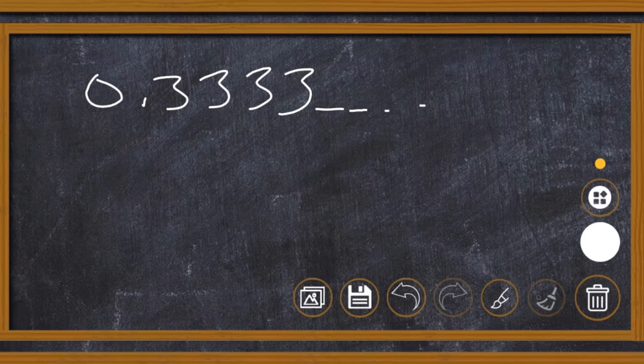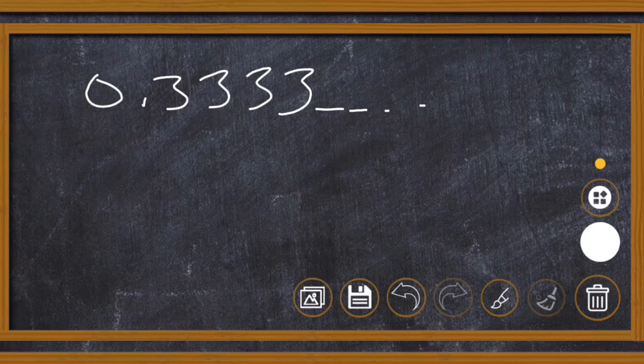This one is called a repeating decimal number because this figure does not have an ending. So we have two types. The one that does not have an ending is called a repeating decimal number, whilst the one that has an ending is called a terminating decimal number. So that's very, very important to understand.